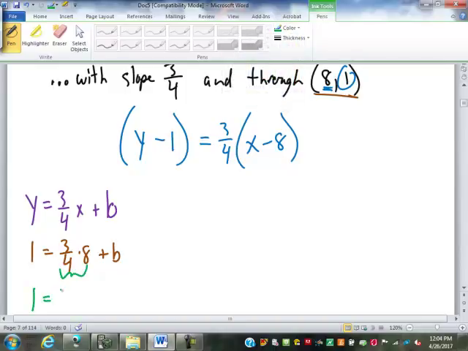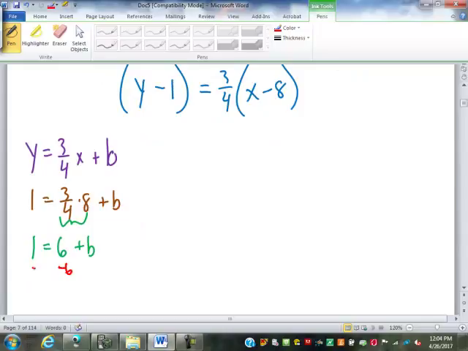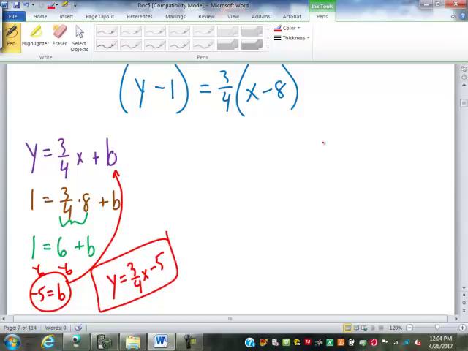So 3/4 times 8 is 6. And I would subtract 6 to get b by itself. So -5 equals b. So that's telling me if I replace this b here, the equation is, I'm going to write it down here so it's out of the way, y equals 3/4 x minus 5. That's the equation we get.